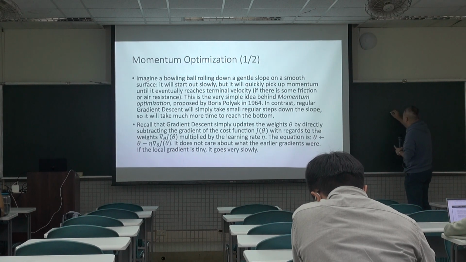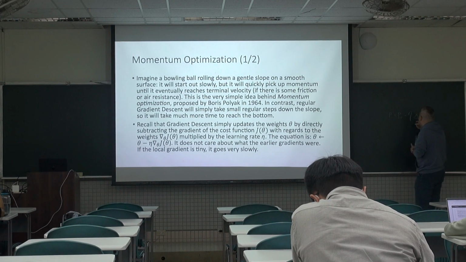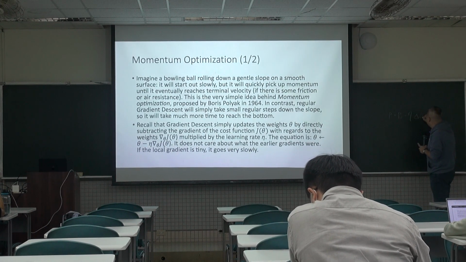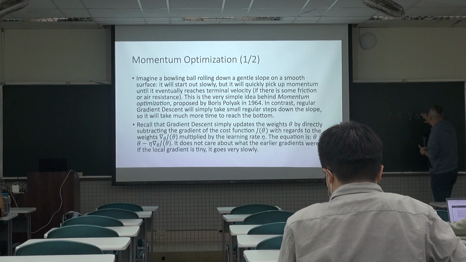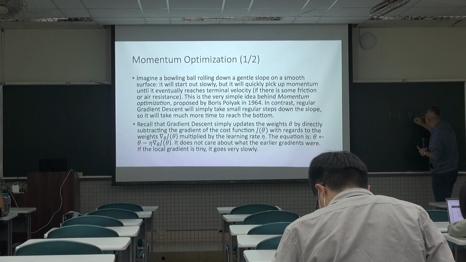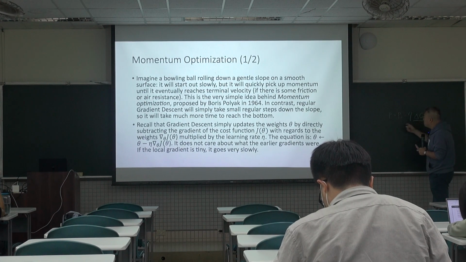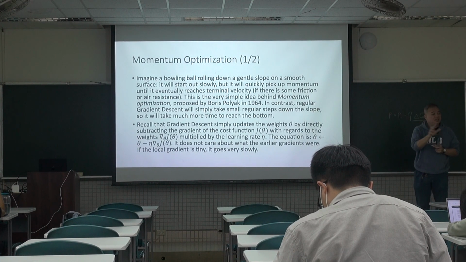Remember, P equals P0 minus eta times the gradient of the current P0. Let's say this is the cost function, and this is the gradient of the cost function at P0. When the gradient is bigger, the step is larger, so of course you move faster too in the regular gradient descent concept.